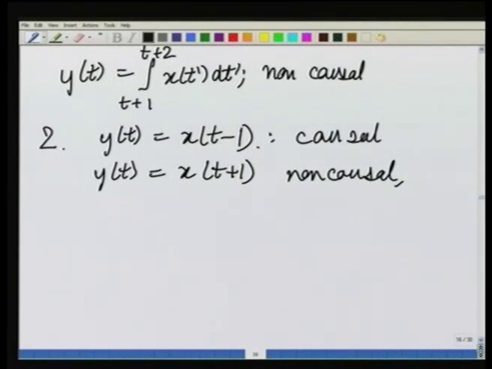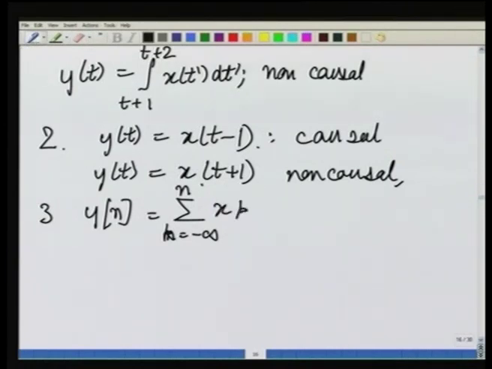in the discrete case we would write y n equals say summation k equals minus infinity to say n minus 1 or n of x k.